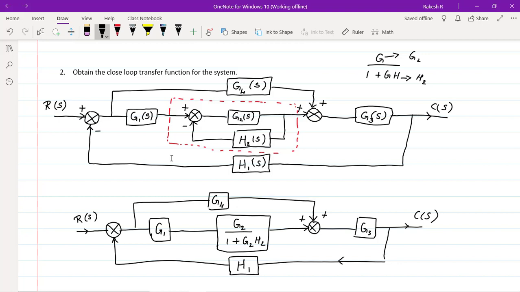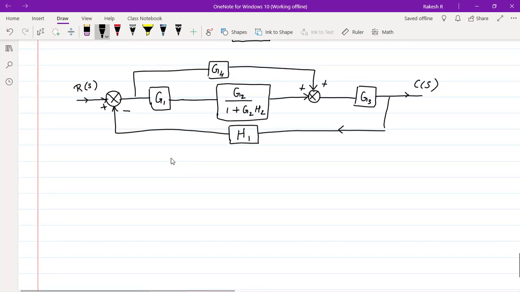Right. Now what have I done? I have reduced the minor feedback loop. After doing this, what I need to see: here we have a negative sign, here we have a positive sign. Now what do I need to do? Again I need to follow the steps. First step is to see whether we have any blocks in series. Then we need to check whether we have any blocks in parallel here. Right. Now first look at this.